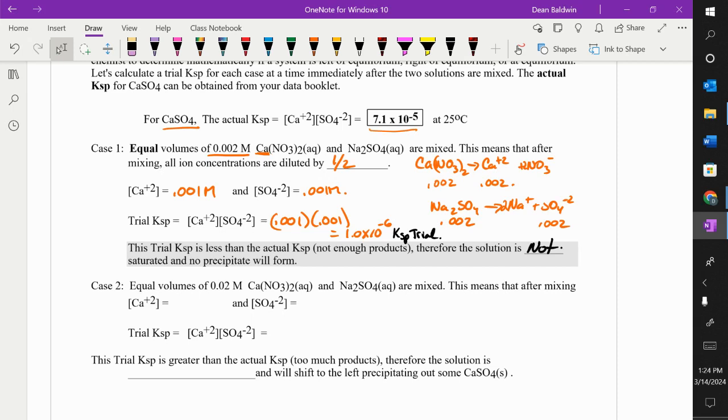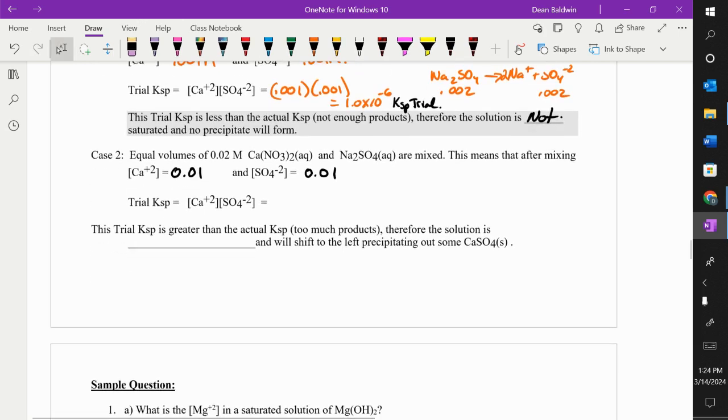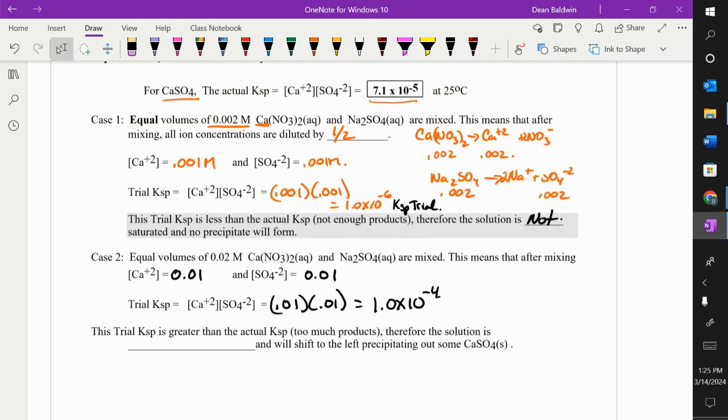Now, if we increase the concentration by a factor of 10, so 0.02 molar, we go through the same process. I know that concentration is going to become 0.01. This is going to be 0.01. So your trial KSP is going to be 0.01 times 0.01, which is 1.0 times 10 to the minus 4. How does that compare to the actual KSP?